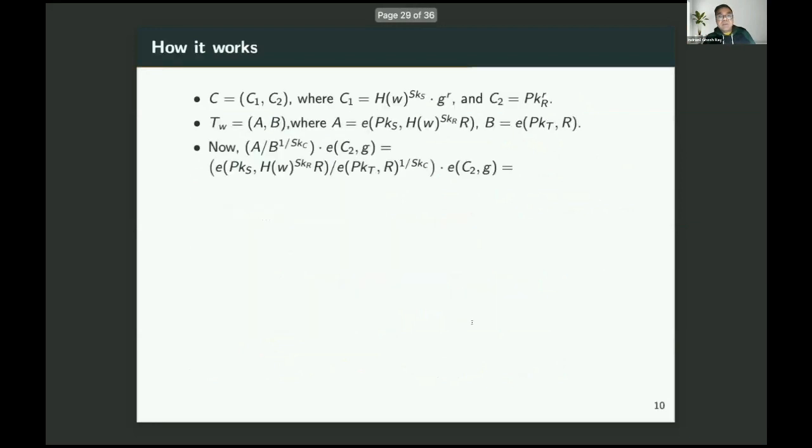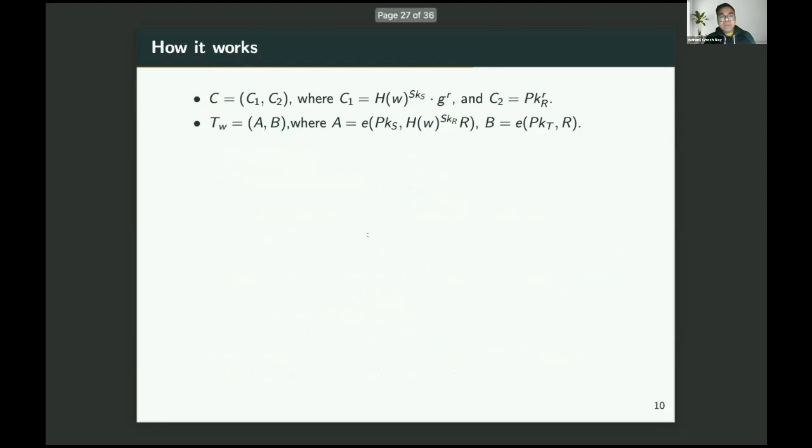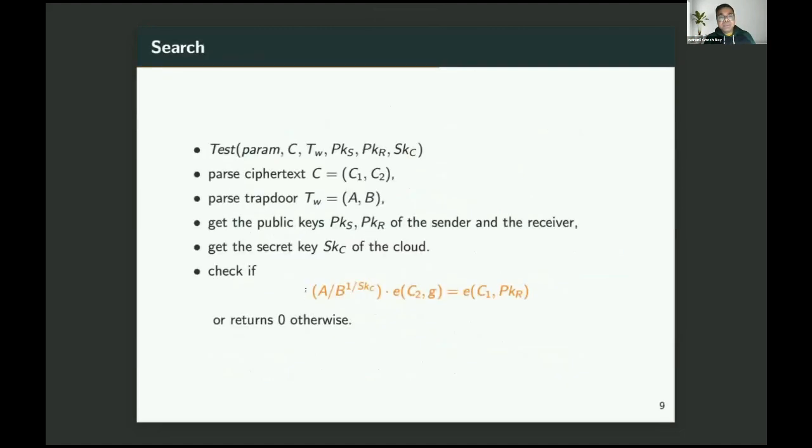Now, this transformation gives you the rest of the computation, which is complicated but doable. If you simply replace this line by PKS, then the rest of the computation is easy, and eventually you end up showing that these two components are equal, provided the intended word is the same word.